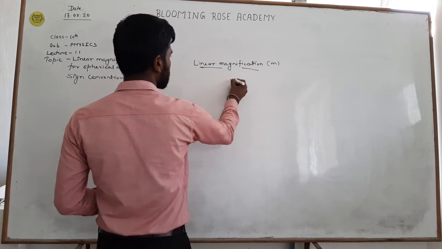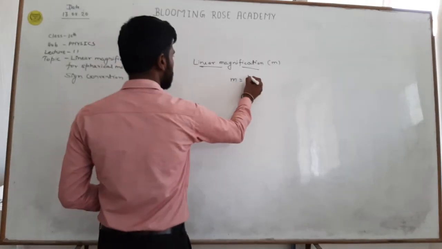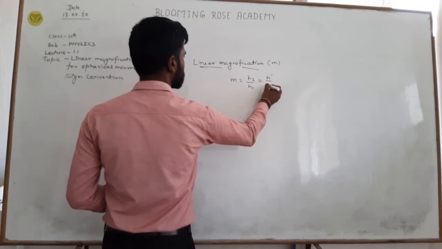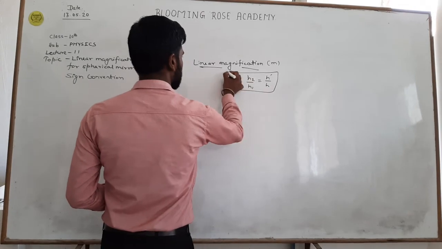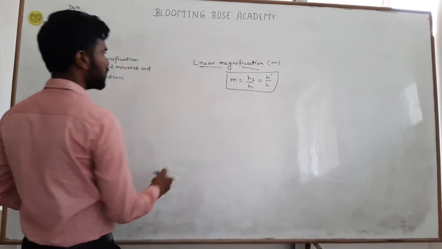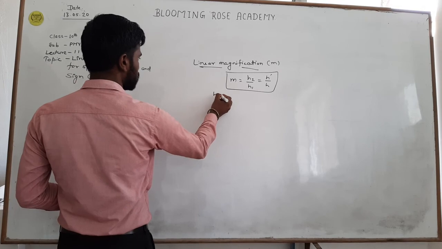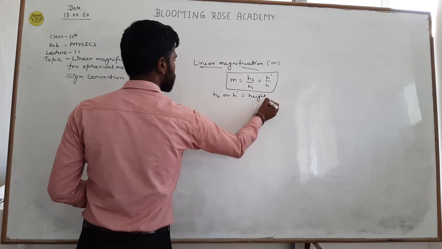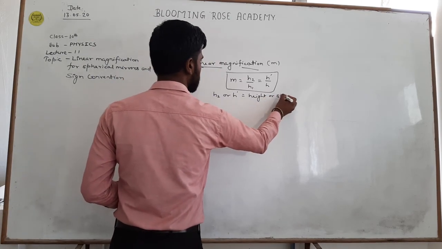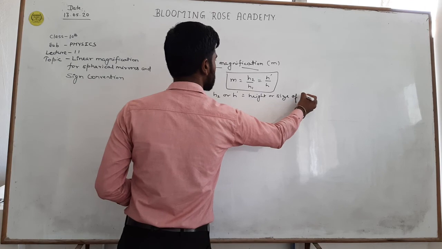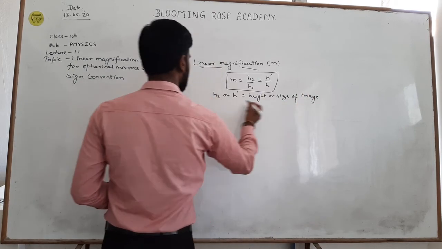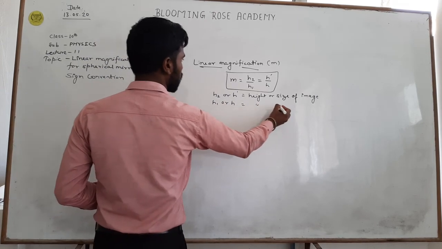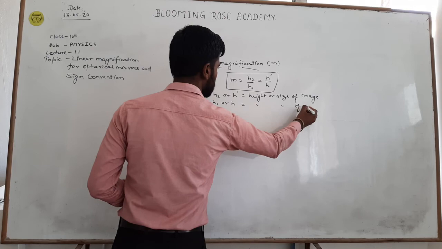Small m is equal to h2 upon h1, or h dash upon h, where small m is for linear magnification, h2 or h dash is the height or size of image, and h1 or h is the height or size of object.